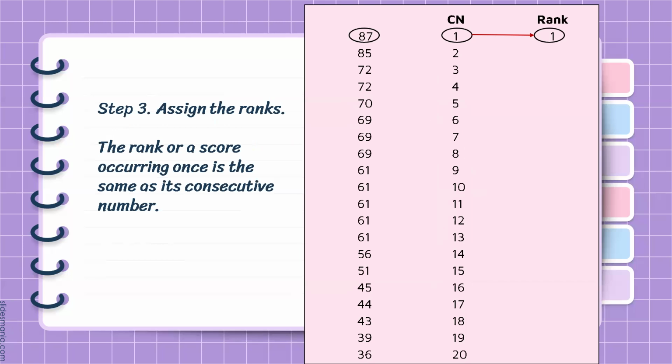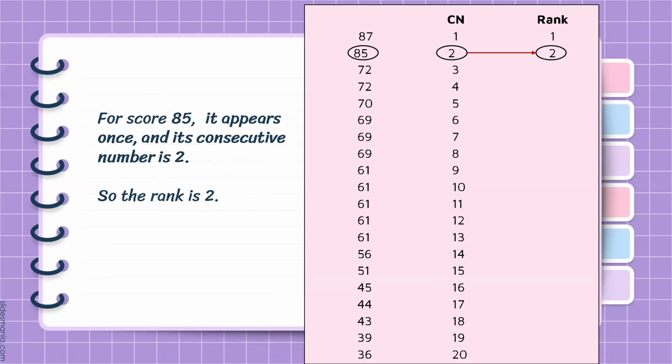For example, the highest score, 87, occurs once, so its rank follows its consecutive number, which is 1. The next score, 85, appears once also, and its consecutive number is 2. So its rank is also 2.